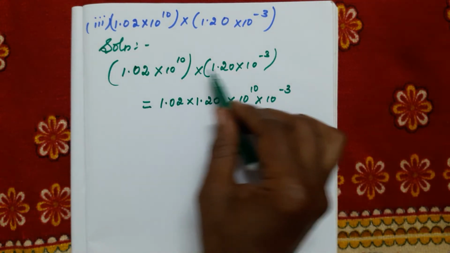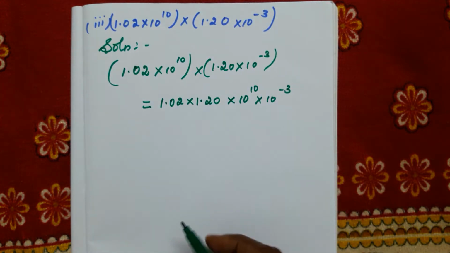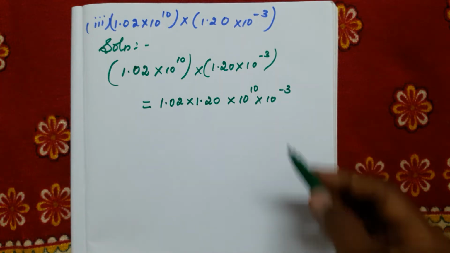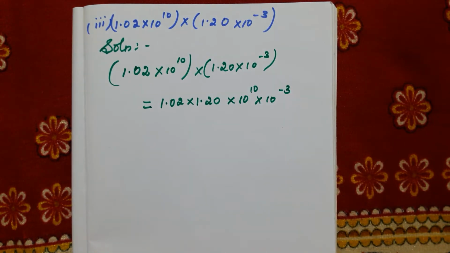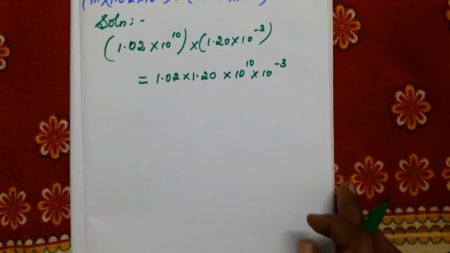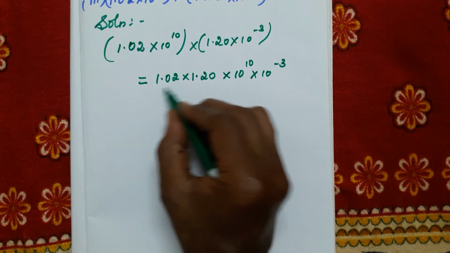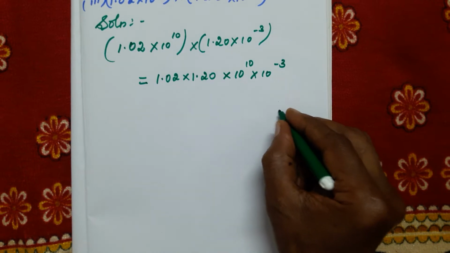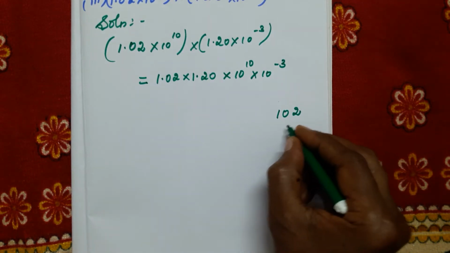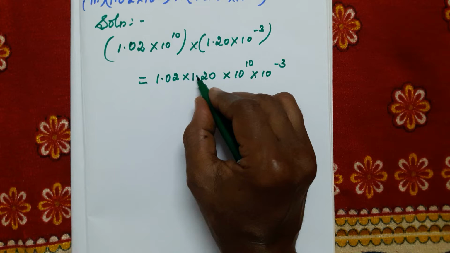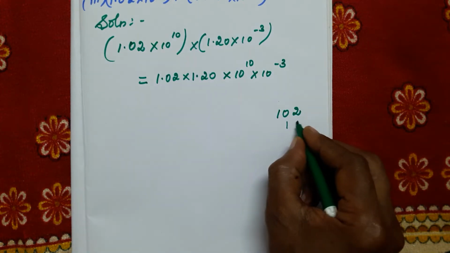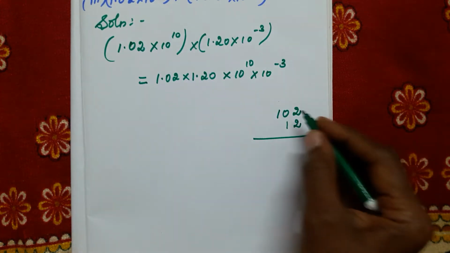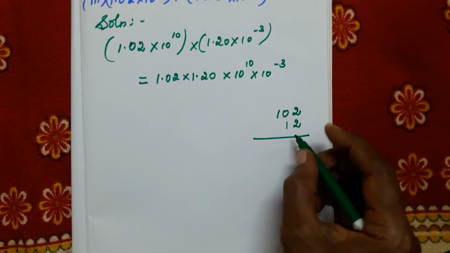Okay, 1.02 into 1.20 into 10 power 10 into 10 power minus 3. Next, we have to multiply these also. When we are multiplying, how we have to multiply? First 102, 120, without 0 also we can multiply. With the 12 you multiply. Okay, when we are multiplying with the 12, what we are getting?